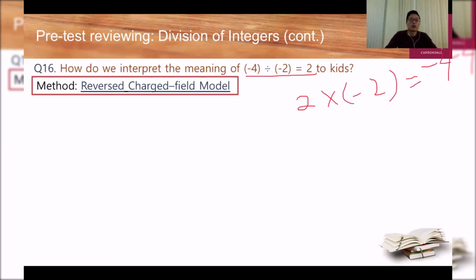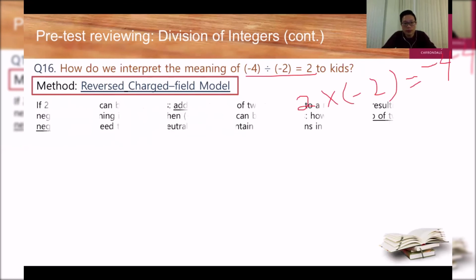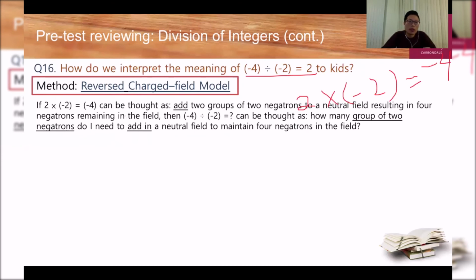By this equation, let's recall again the rule when we use the charge field model in multiplication. 2 times -2 is -4 can be thought of as we add 2 groups of 2 neutrons to a neutral field in order to get 4 neutrons remaining in the field.